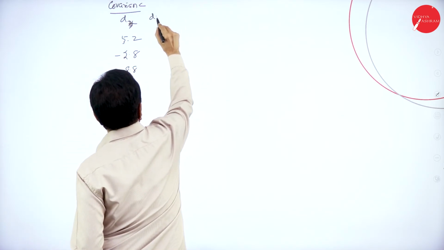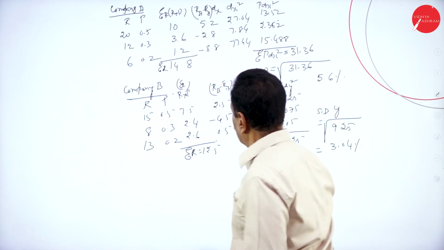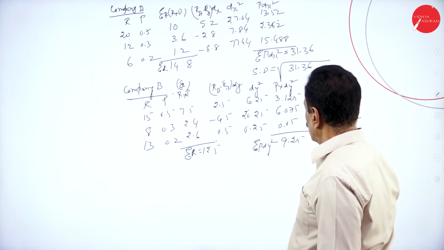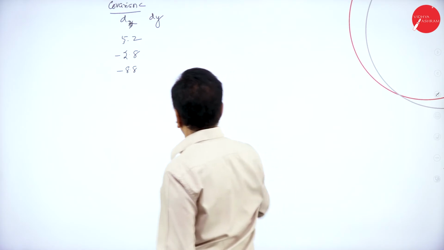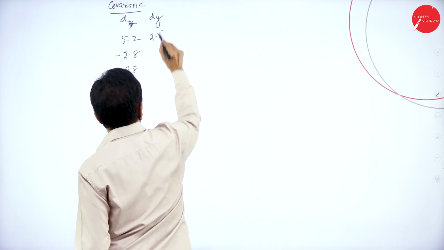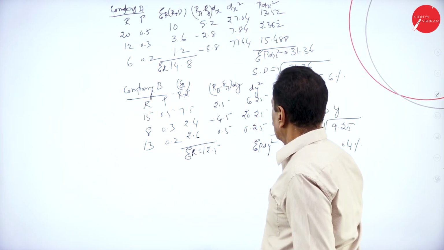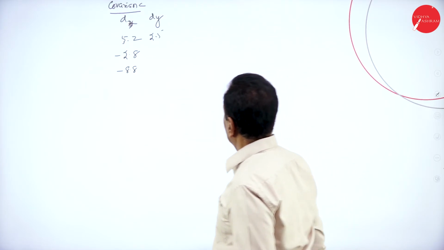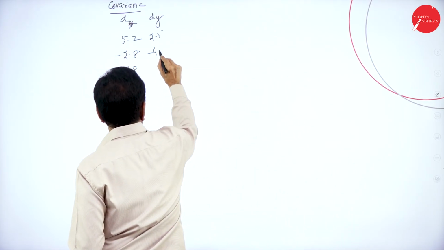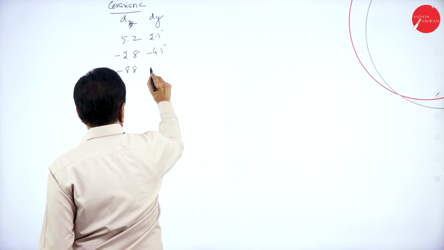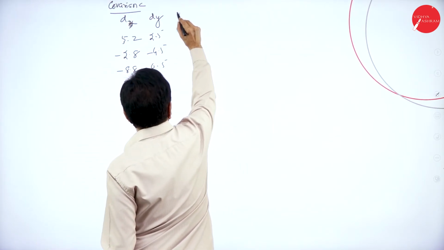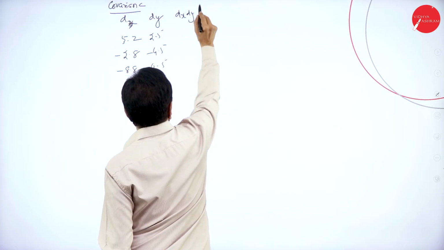Then dy, deviation of y: 2.5, minus 4.5, last one minus 0.5. Then dx dy.